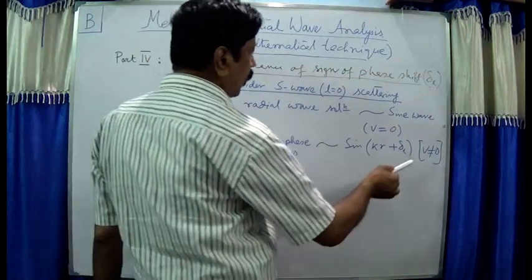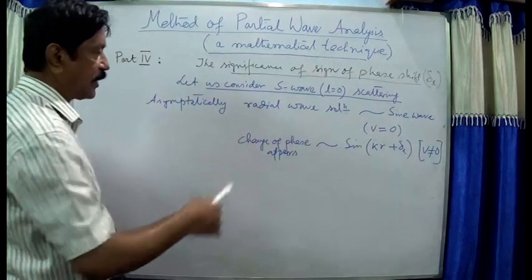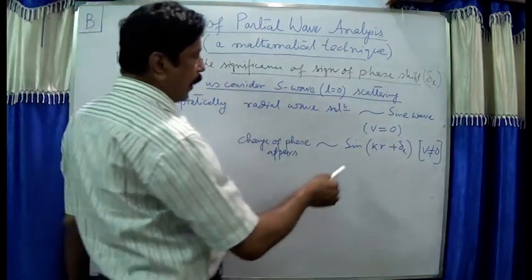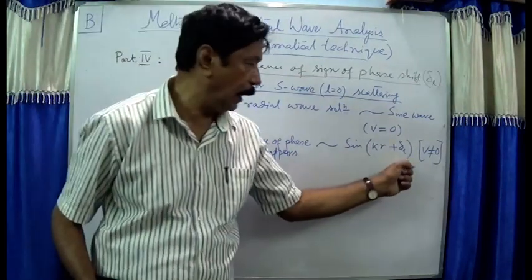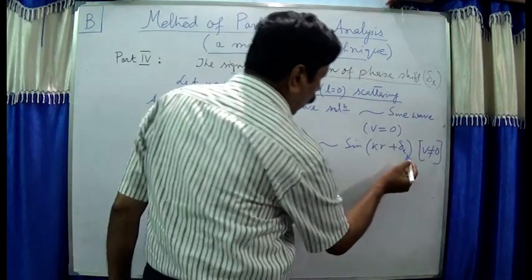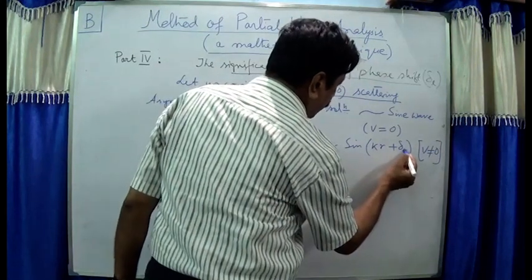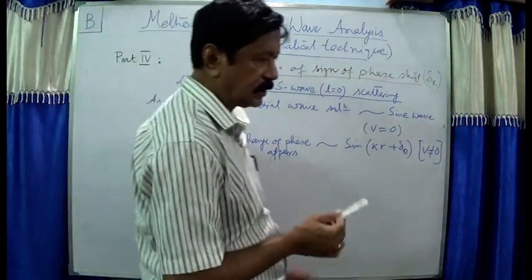So in case of carrying the information about the interaction, the solution must contain an additional phase term like delta L. Okay, so our attention is how we can estimate this delta L and its sign.